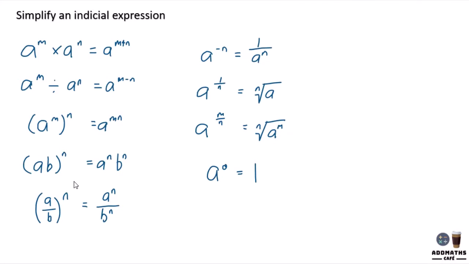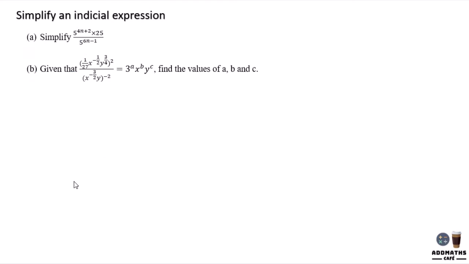Let's move on to the example. So let's say we need to simplify this equation. I have 5 to the power of 4n plus 2, times 25, divided by 5 to the power of 6n minus 1. We need to make the base the lowest value.